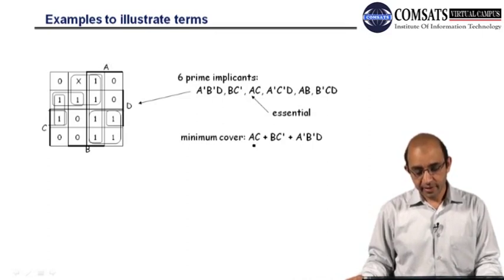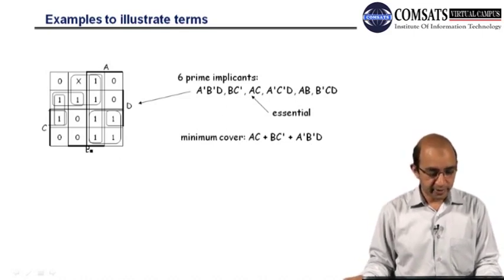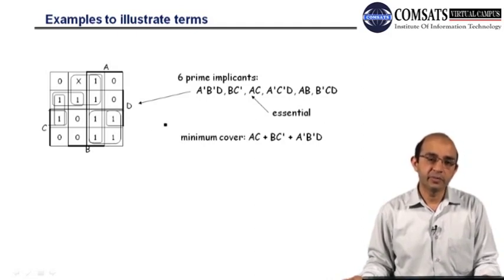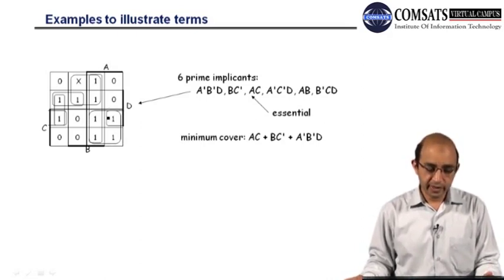So you can see we have AC, BC bar, A bar B bar D bar. If you look at AC, we have A and this is the C. So this is AC. Whenever we group the ones in this square, our ultimate objective is to have a simplified expression.